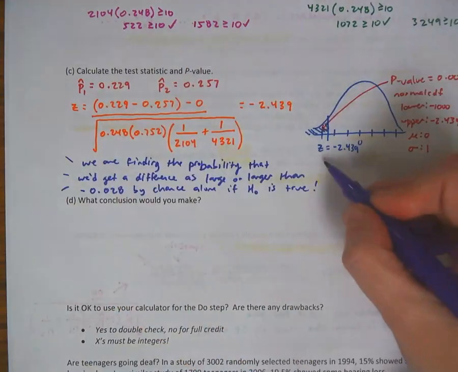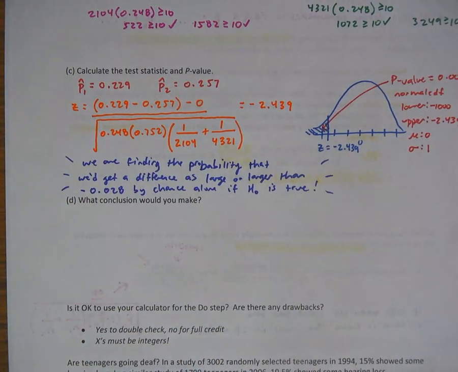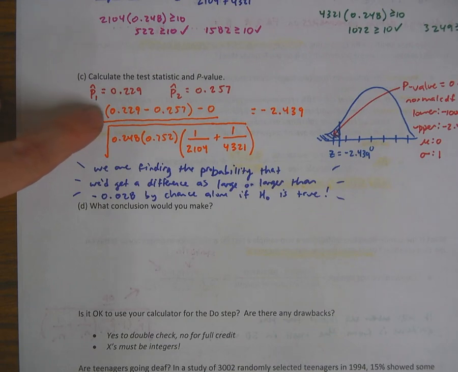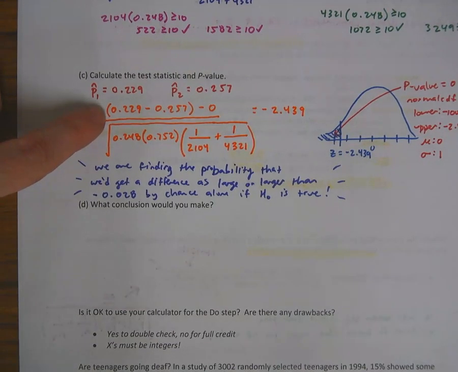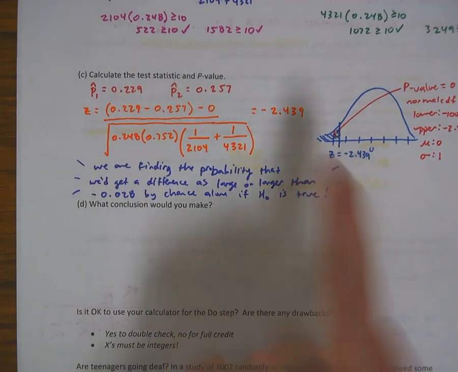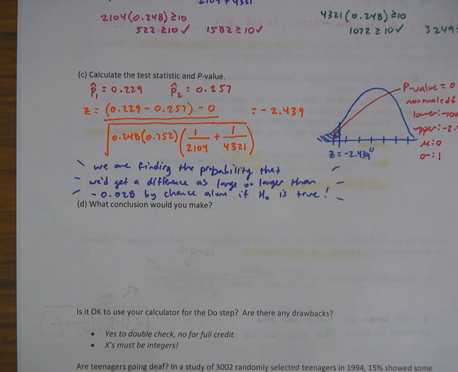And we're saying, assuming that there really is no difference in these population proportions, what's the probability that something like this that happened in the sample, the difference of those, would happen, or something even larger than that difference? That's why I would go ahead and shade in that direction there. That was just a little extra.